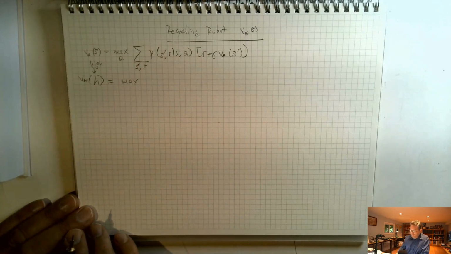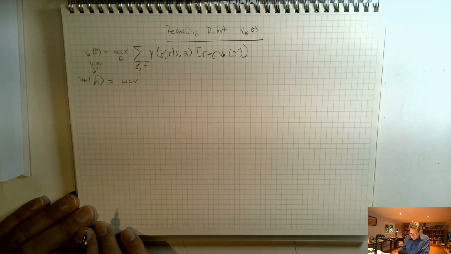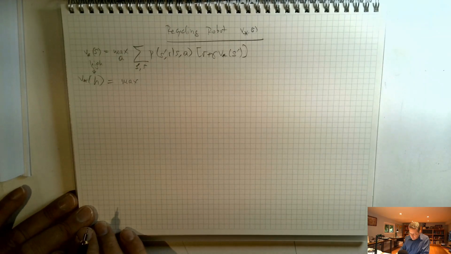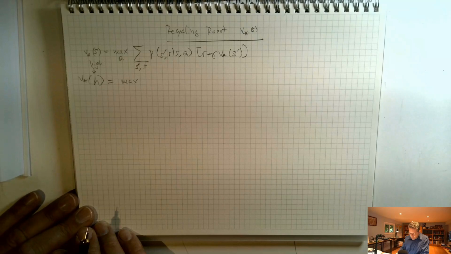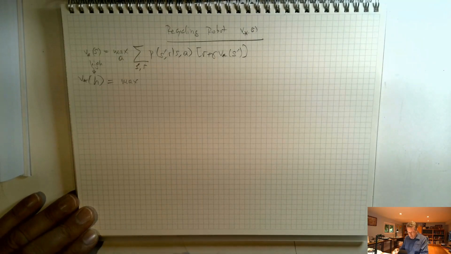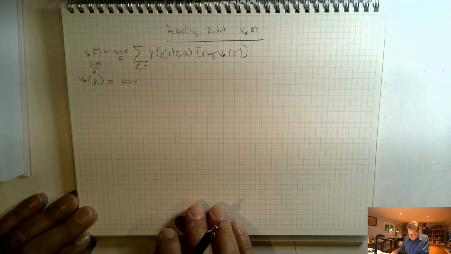We have a number of actions that we are going to have in the high state. And if you recall the problem statement, the set of actions in the high state is just search and wait, while in the low state we had actually three possible actions.